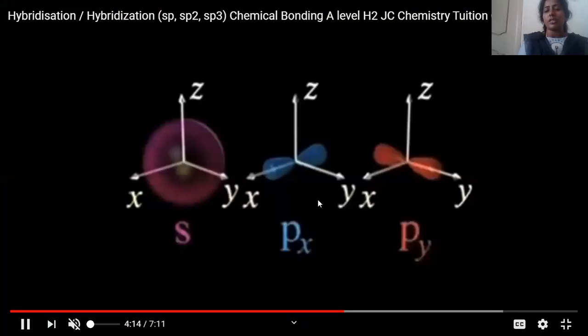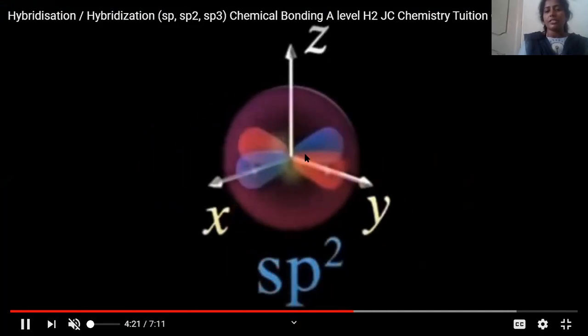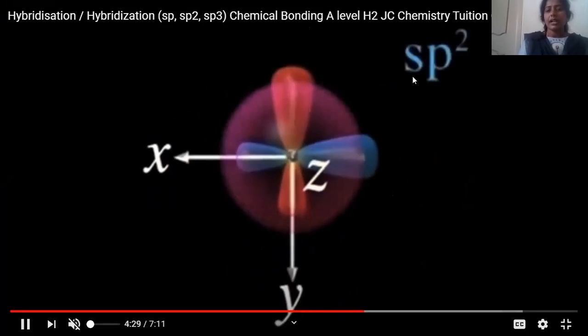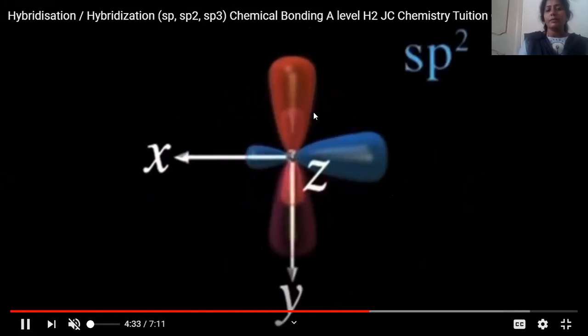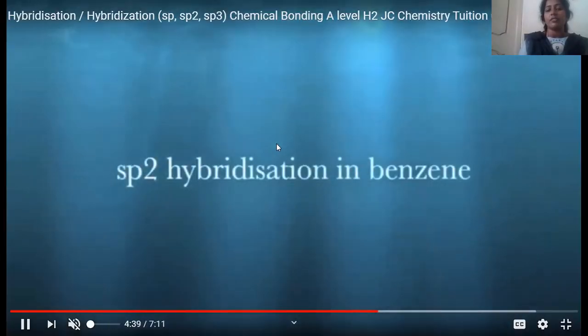Three-dimensional representation of sp2 hybridized orbitals is represented here. S orbital, px orbital, py orbital get mixed. All the orbitals are laying within the plane, and that's why it is called trigonal planar. And the bond angle will be 120. All are equally spaced. 120 degrees bond angle will be there.